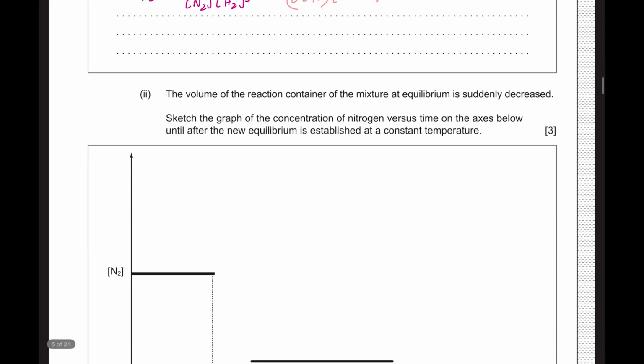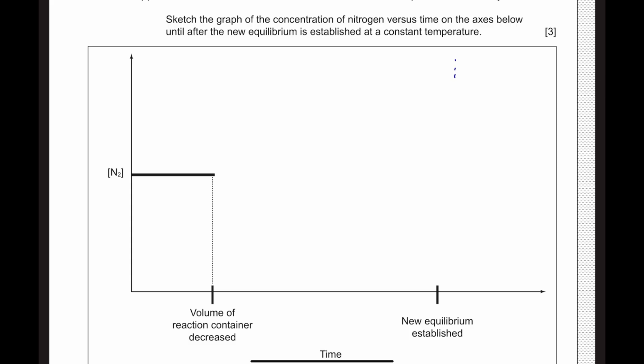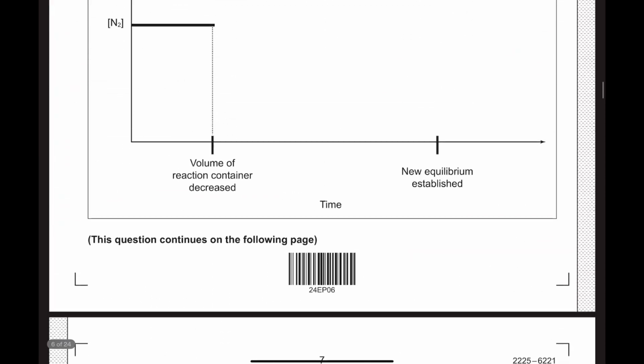Next, the volume of the reaction container of a mixture at equilibrium is suddenly decreased. Sketch the curve of concentration of nitrogen versus time until a new equilibrium has been established at constant temperature. So this is where you'll have the new equilibrium. I'll just draw a line.